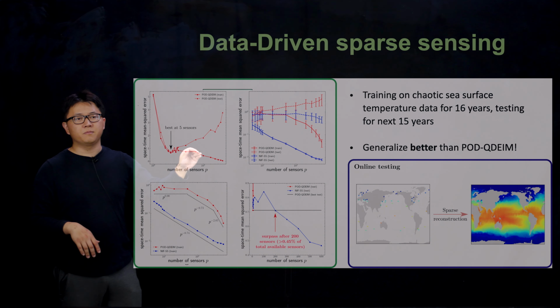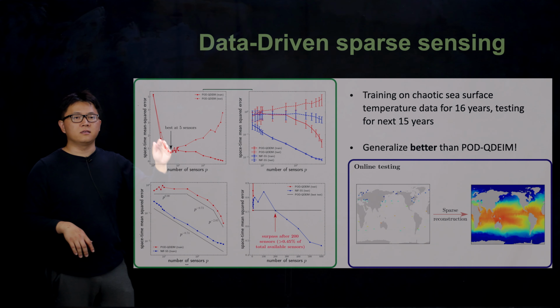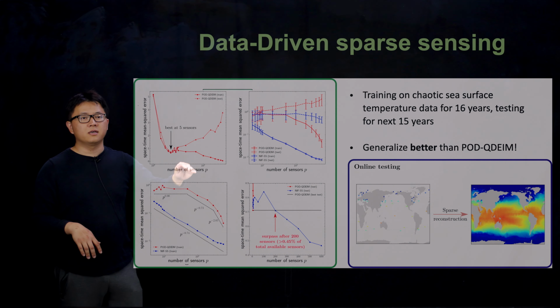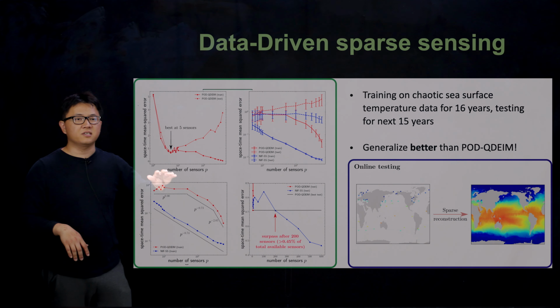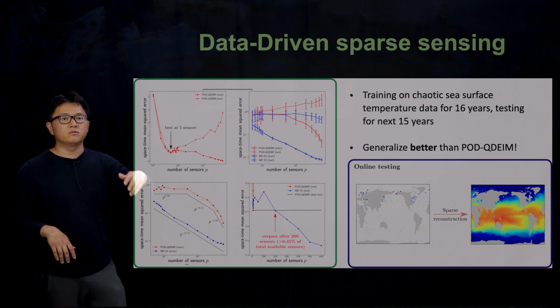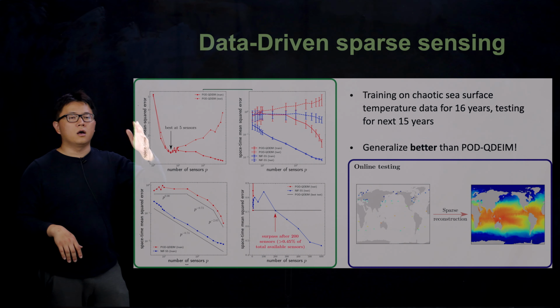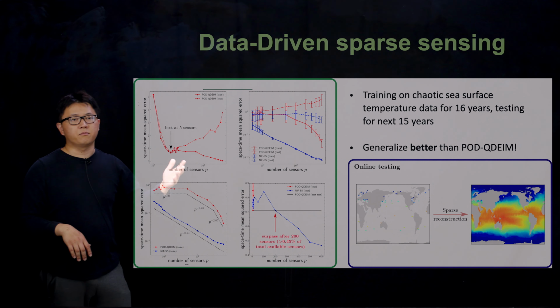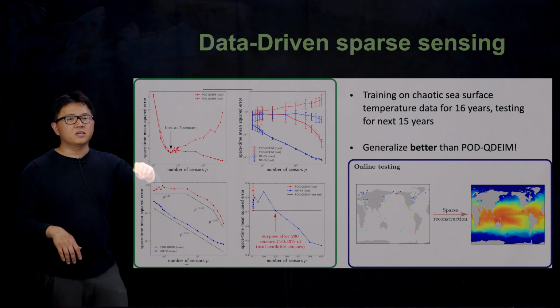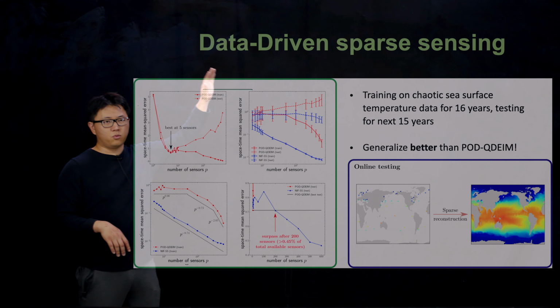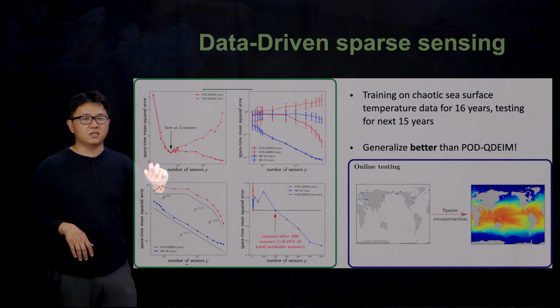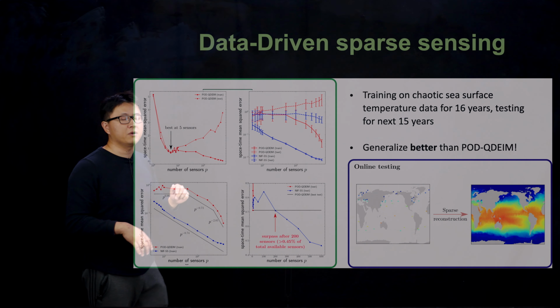The solid line here is the training error. The x-axis corresponds to the number of sensors, and the y-axis corresponds to the errors. As the number of sensors increases, the training error of course decreases because we're getting more information. But the testing error actually goes way up after 5 sensors. This is a very interesting phenomenon.